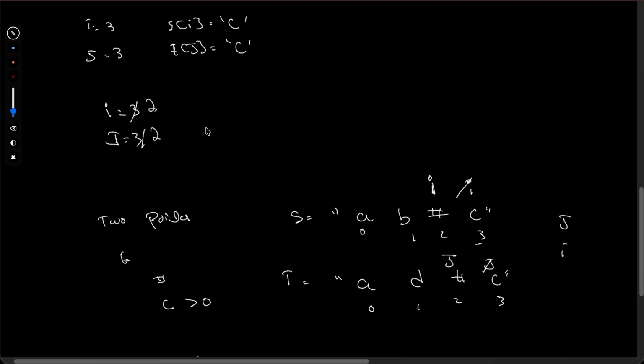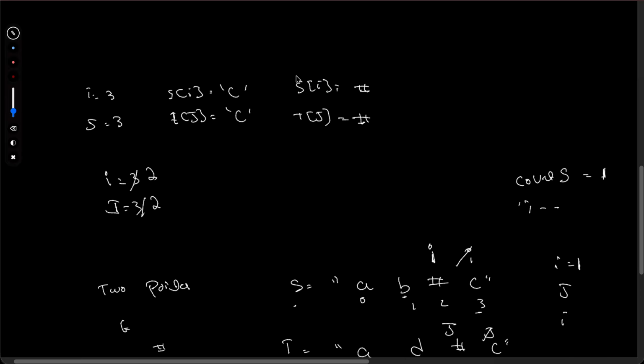S of i is hash and t of j is also hash. That means we need to skip one character, so we take count of s as 1, and i minus minus. Now i is equal to 1.